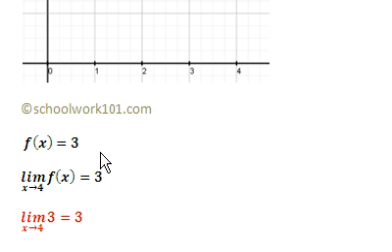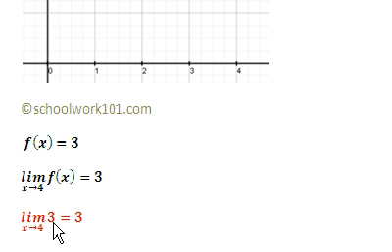Okay, in that theorem, in the first property, we had the limit of a constant. Now, I've got the function defined here as f of x is equal to 3. And it is written the limit of f of x as x approaches 4 is equal to 3. That's what I'm claiming. Now we're going to replace this f of x with 3, since we have defined our function to be equal to 3.